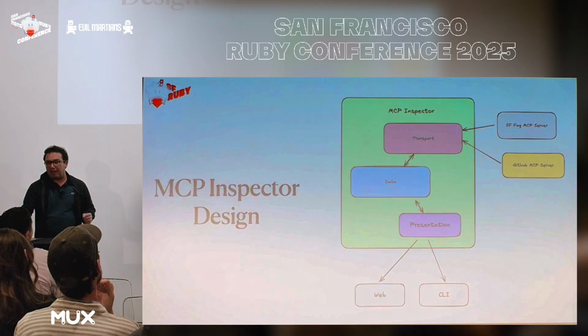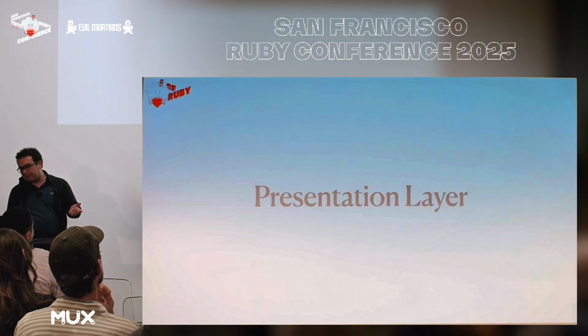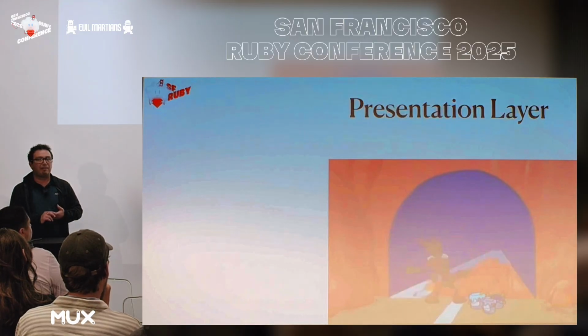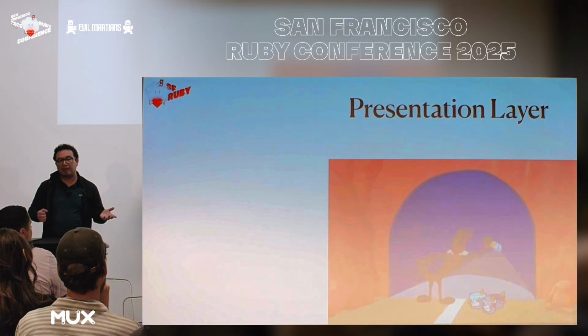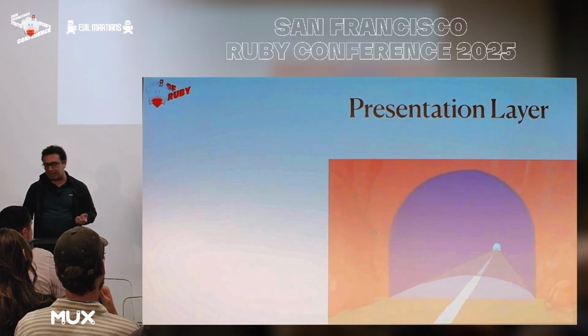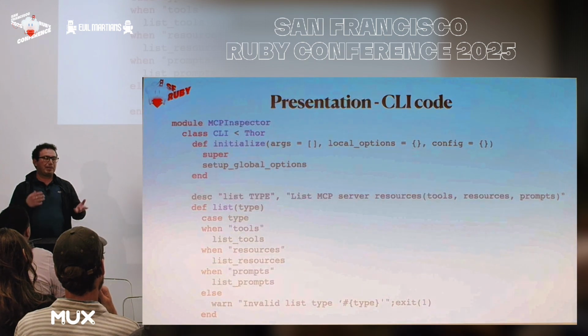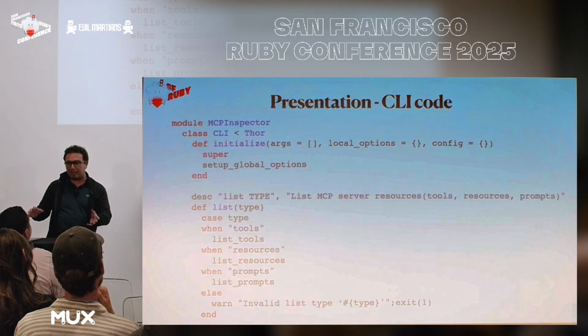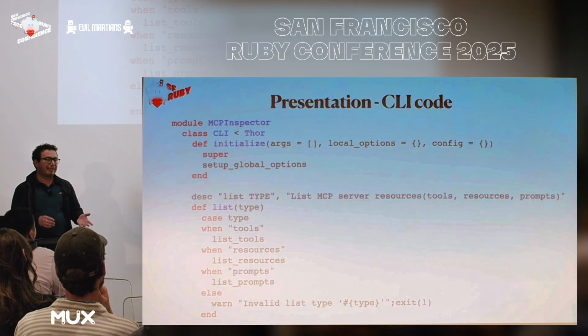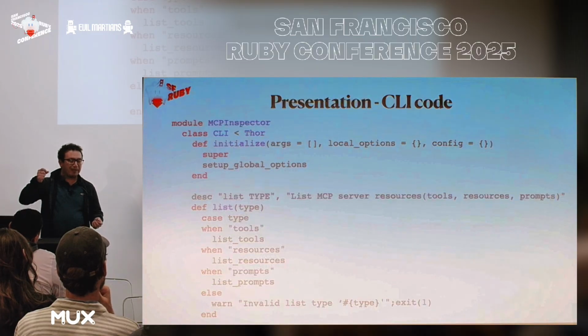All right, so the final layer is the presentation layer. I initially started thinking about how I wanted to do this. For the presentation layer, I wanted to try a CLI, because I wanted to see if I could test this very easily. So I wrote this tool using Thor, and it's a very simple case statement where you get a parameter.